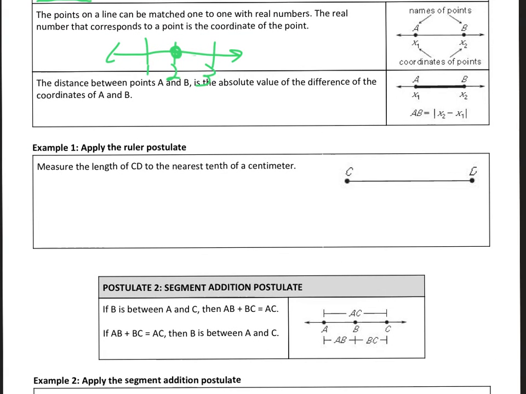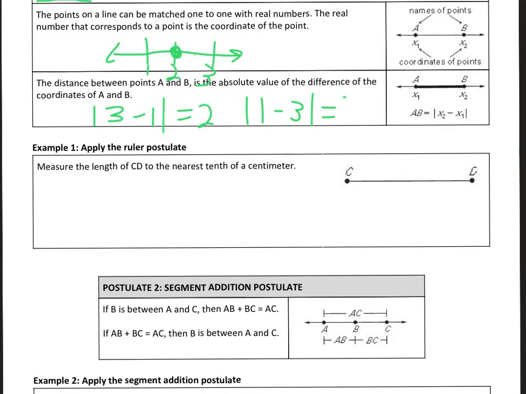The distance between 2 points, A and B, is the absolute value of the difference of the coordinates of those points. So in that number line I drew up there, the distance between 3 and 1 is the absolute value of 3 minus 1, which is 2. Another way you could look at it, you could also do 1 minus 3.